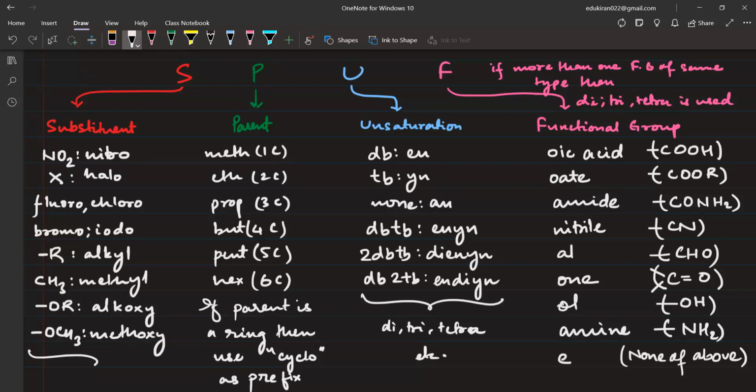And Sir, here also, जी बताएं. Like what is the difference between substituent and functional group in the context of IUPAC nomenclature? Yes, yes. Okay, so substituents are only these.